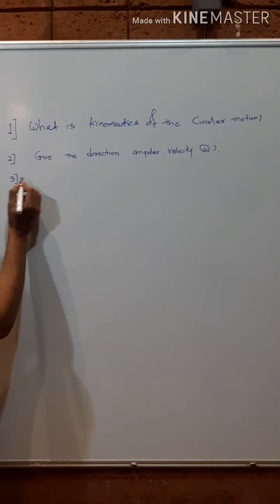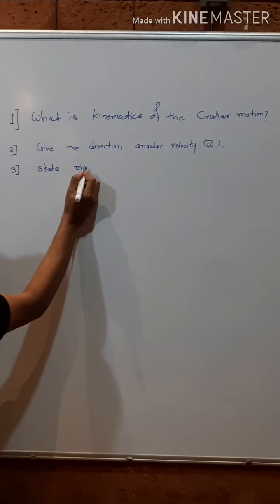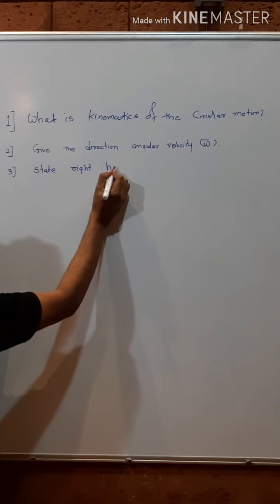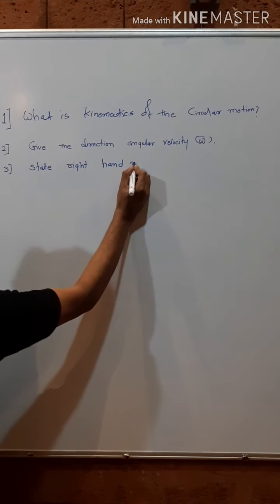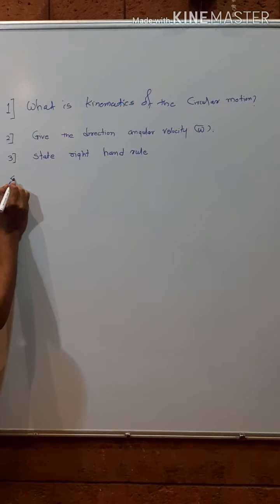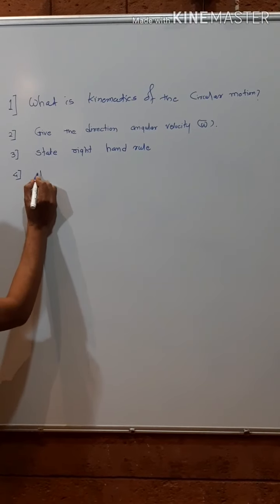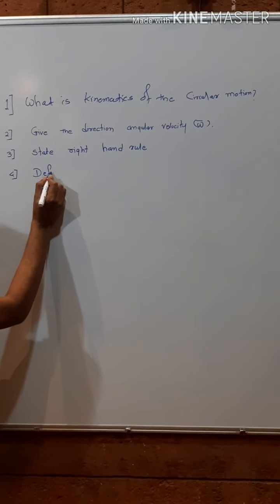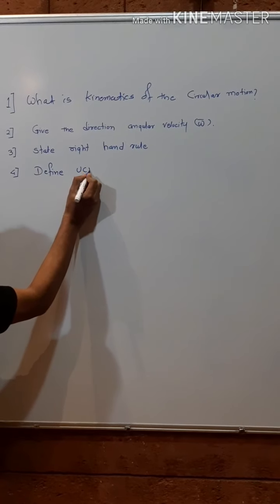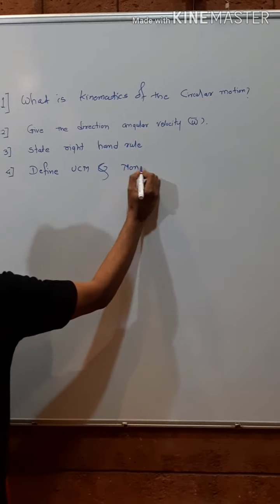Third question is state right hand rule. Fourth question is define UCM and non-UCM.